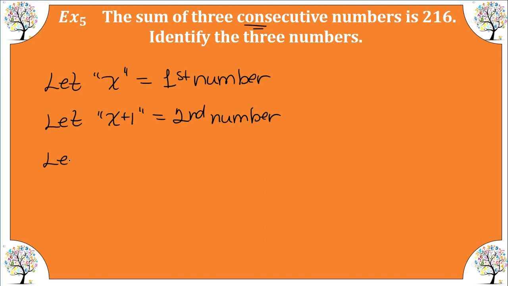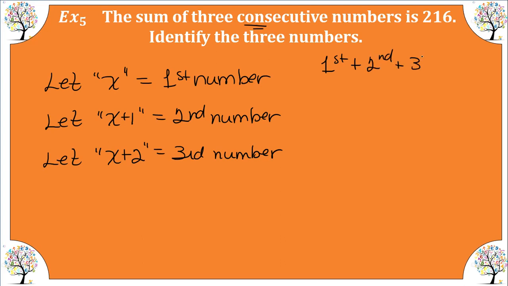And then if you were at X and you wanted to get to the third number, you would add 2 to that original first number. Now, I forgot to write our formula down, so let's do that. So our formula is going to be our first number plus our second number plus our third number is going to equal 216.